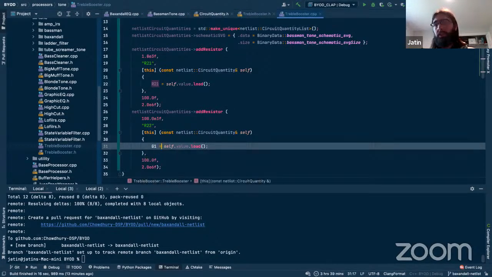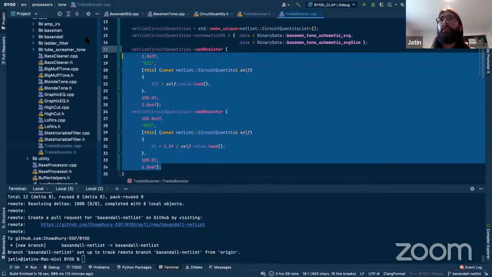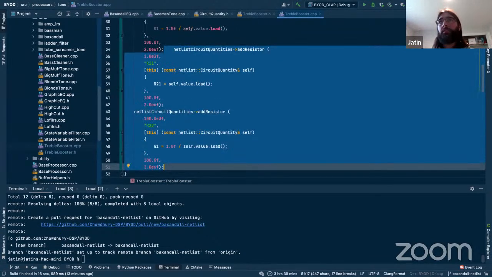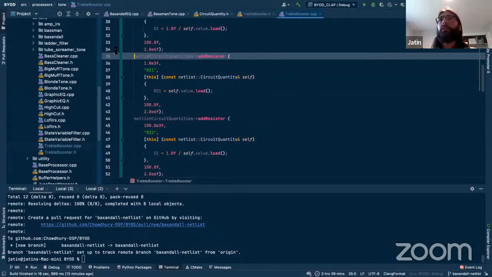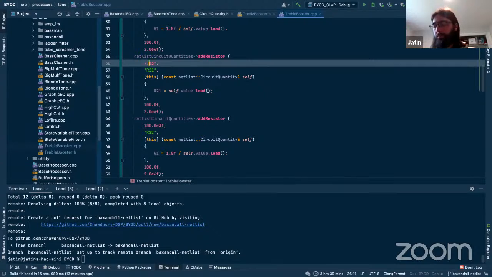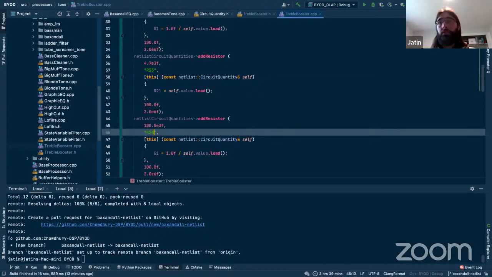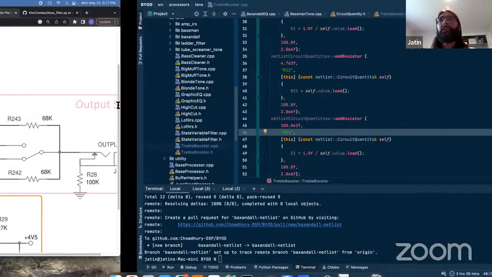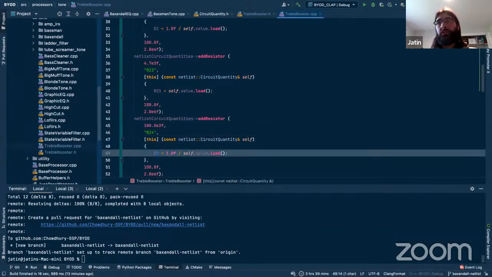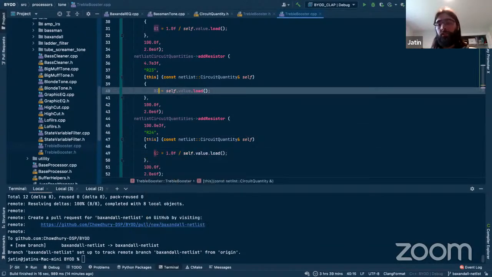We'll say G1 equals 1 over that. And then let's copy both of these. So 4.7 and R24. Yeah, all right, so this is G2 and this is R23.